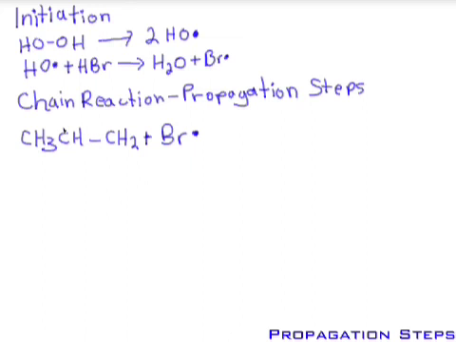You know, we have this 2p orbital here. And we have our electrons, opposite spins in the pi orbitals. This Br dot can actually add to one of those electrons.